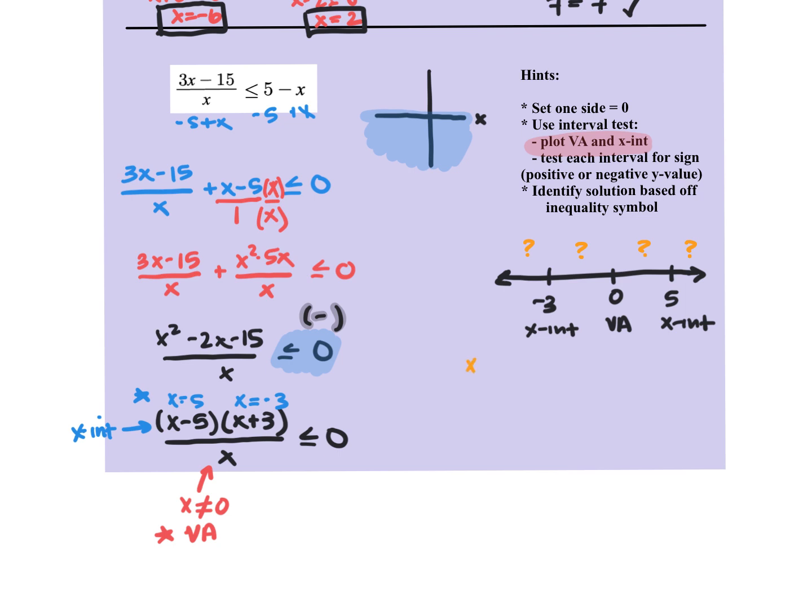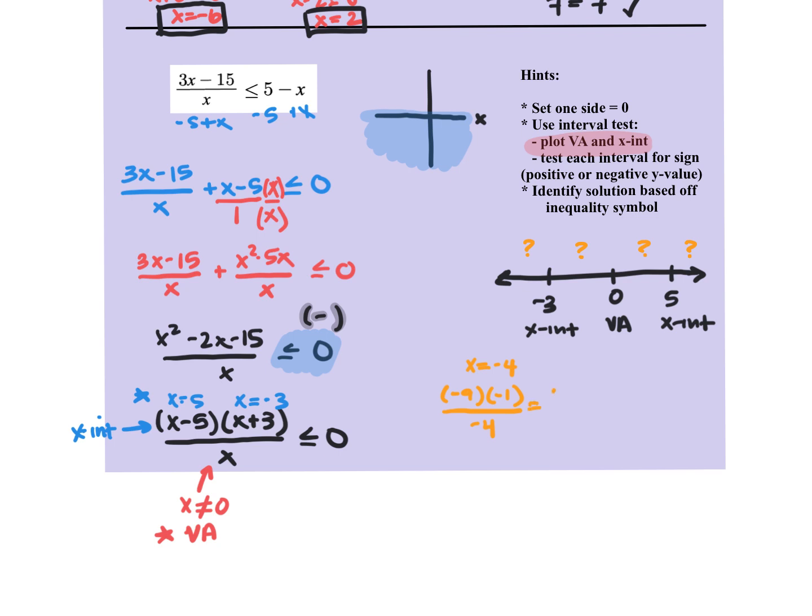I'm going to plug in negative 4, and I'm going to plug it into the factored version of that expression on the left-hand side. That gives me negative 9 times negative 1 all over negative 4. And again, I don't care about the specific value. I just care if it's positive or negative. If I was actually graphing these points, I would want to know the specific y value, but here I'm just looking to see if it's positive or negative.